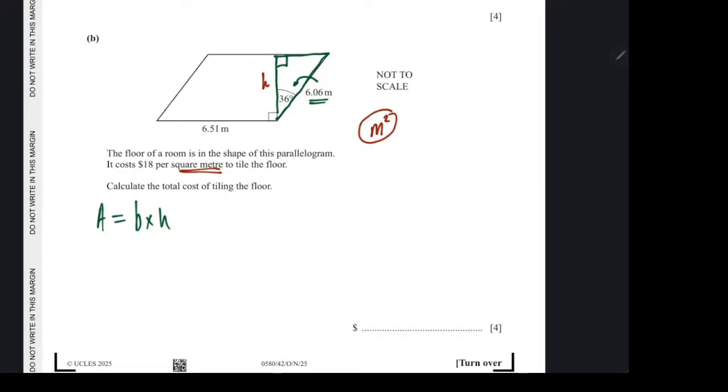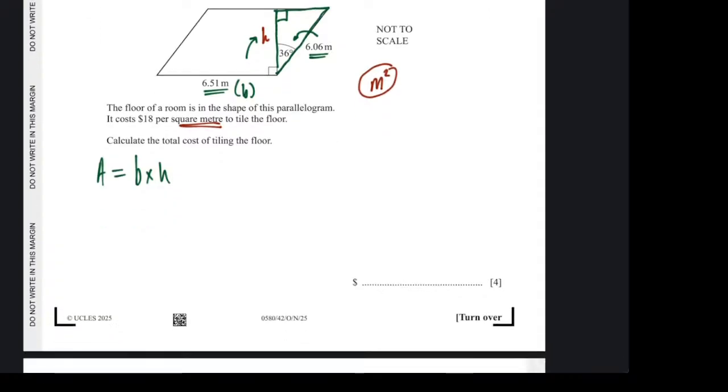So base you have, okay? What you don't have is height. For anyone to answer this question, they were supposed to go into the exam knowing the formula for area of a parallelogram, then knowing SOHCAHTOA to get the height. So how do we get the height? Here's how we get the height.